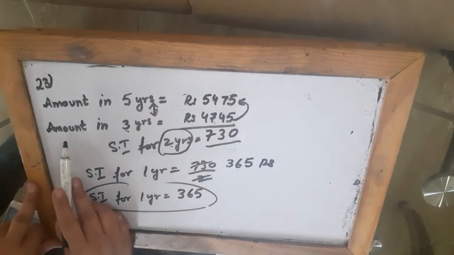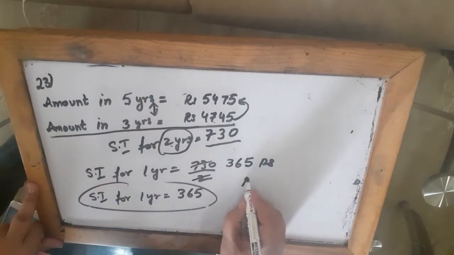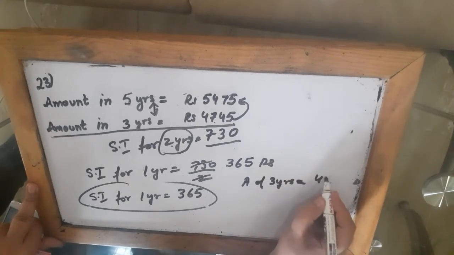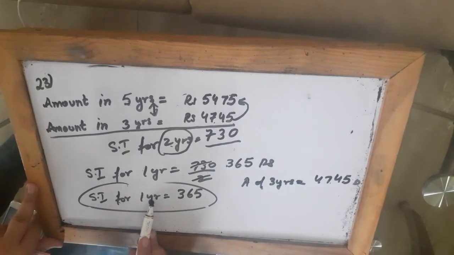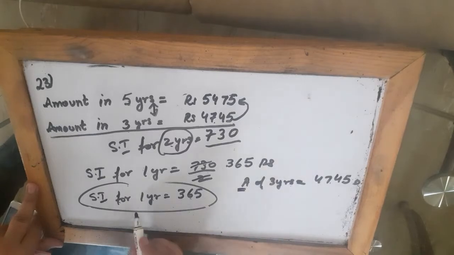Now let me take this information: the amount of 3 years is 4745, and the simple interest I know for 1 year is 365. Now I have the amount of 3 years, so I will take the simple interest also for 3 years.